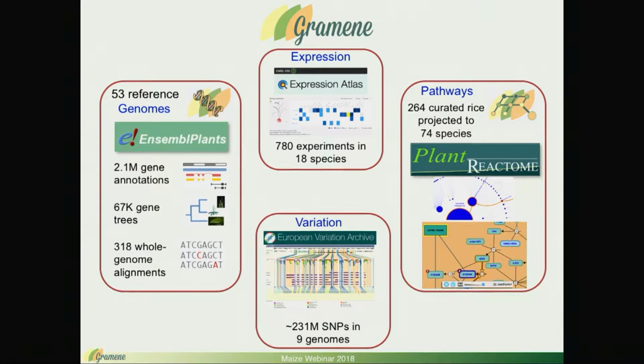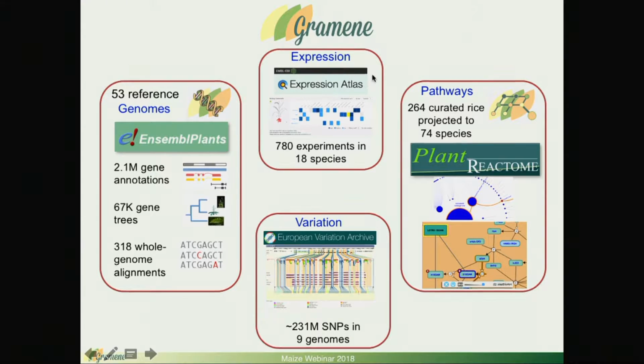In brief, here is a little overview of what you can expect to find in the database. We currently have 53 genomes in the database, over 2 million gene annotations, 67,000 gene trees, and at the DNA level, pairwise whole genome alignments across the species.